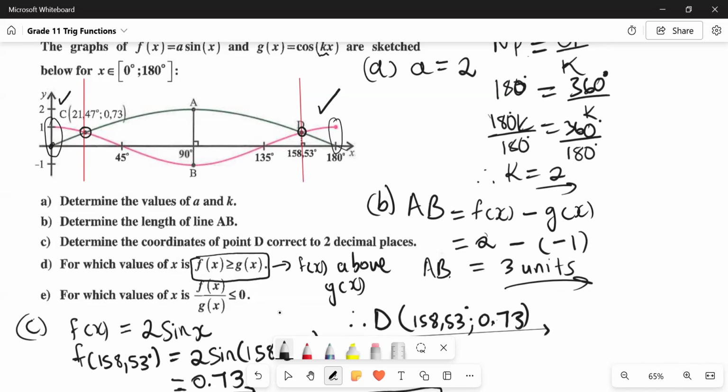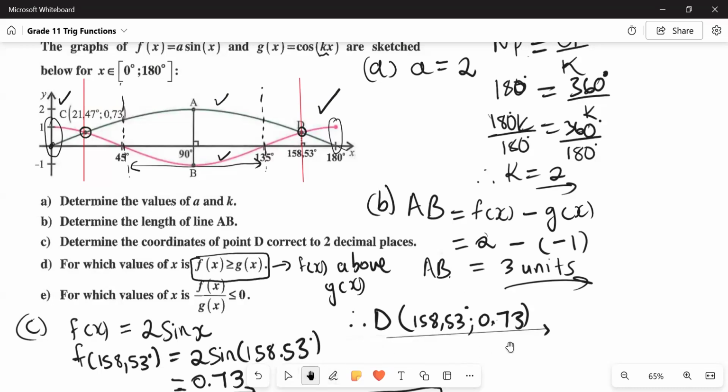That's correct. And then even here, between 45 and 135, one graph is positive while the other is negative. So one graph is above x-axis while the other one is below x-axis, right?